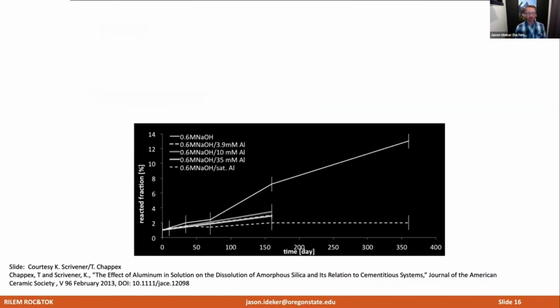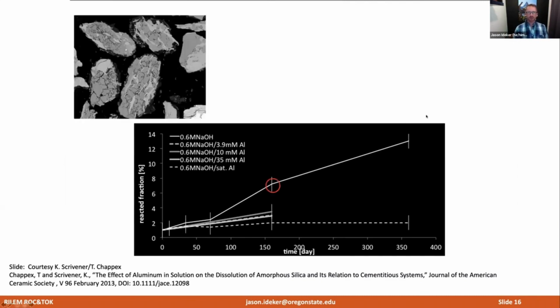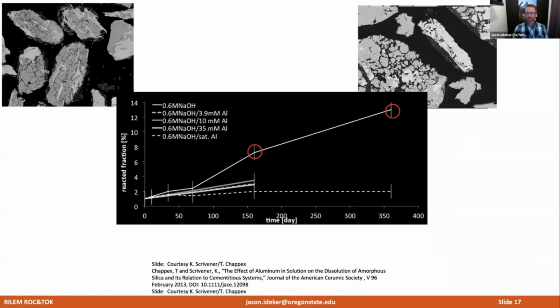So some recent research that was done by Théo Chappex and Karen Scrivener really showed the importance of having alumina in the pore solution. This figure shows the reacted fraction of aggregate on the y-axis, and it shows the time along the x-axis. And you can see there are 2 points here highlighted in red.